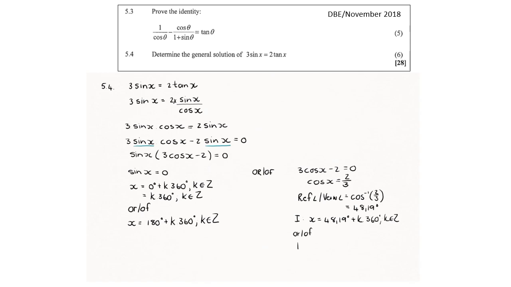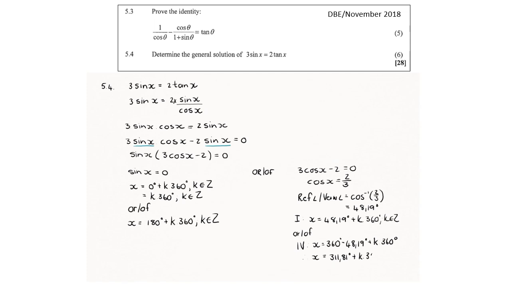But cos is also positive in the fourth quadrant. So in the fourth quadrant, x is equal to 360 degrees minus 48.19 degrees. And then we also add k times 360 degrees. And this gives us a final answer of 311.81 degrees plus k times 360.